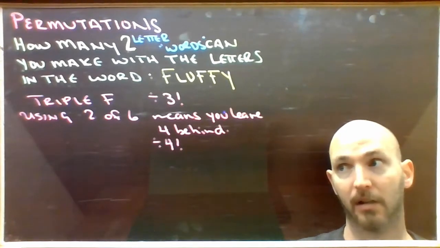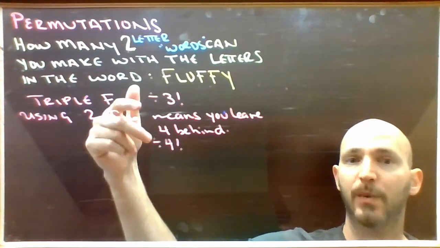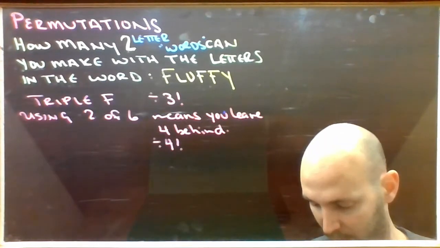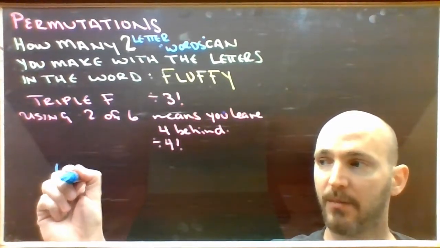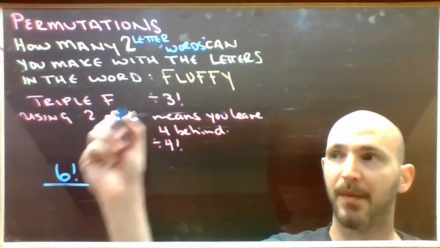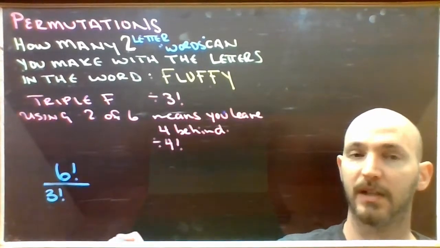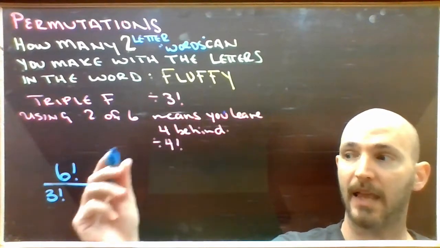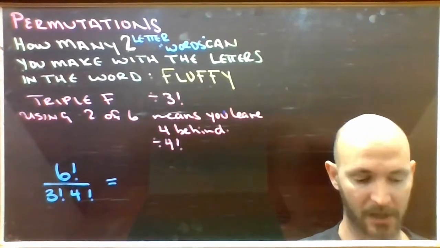Well, sure, I mean, that's what we did in the other examples, but watch what happens if you try to do both of those things. So there are only 6 letters, so I'm going to shuffle them all, and then, presumably, divide out the shufflings of the F's, and then divide out the arrangements of the letters I'm not using.